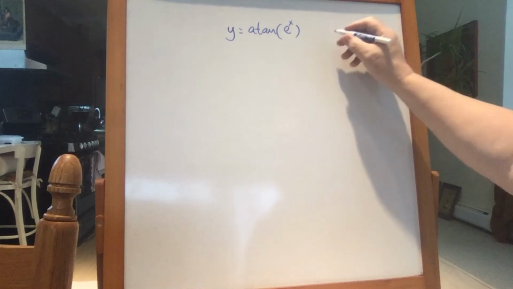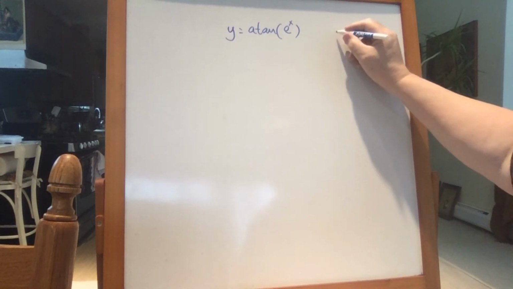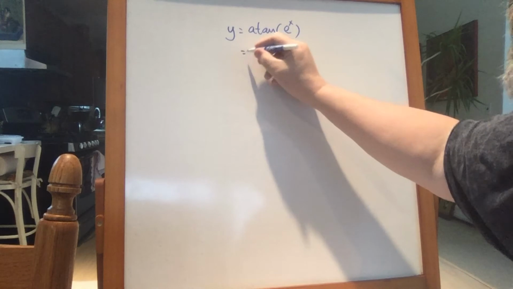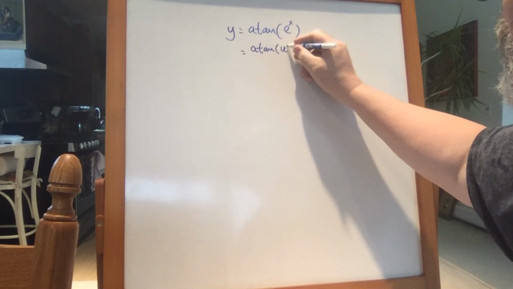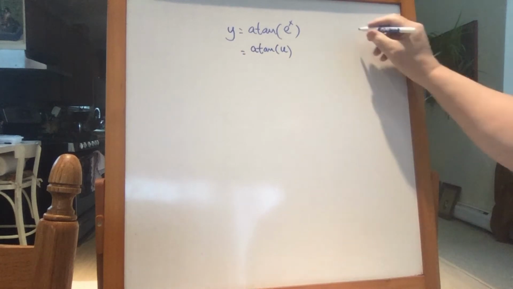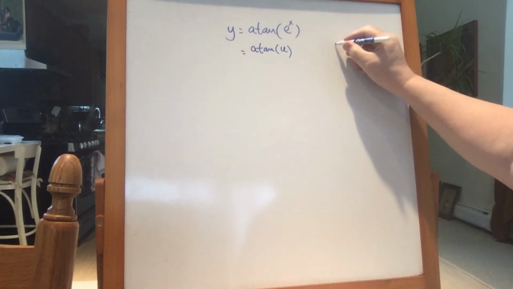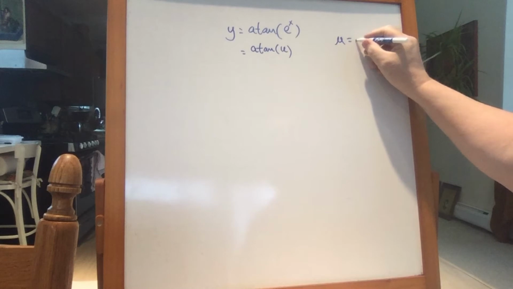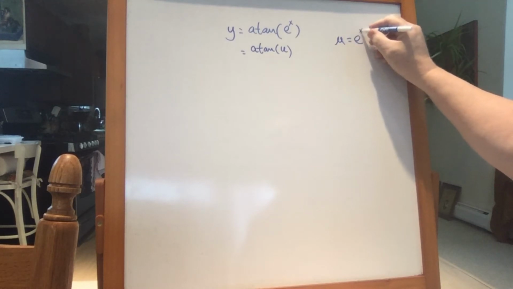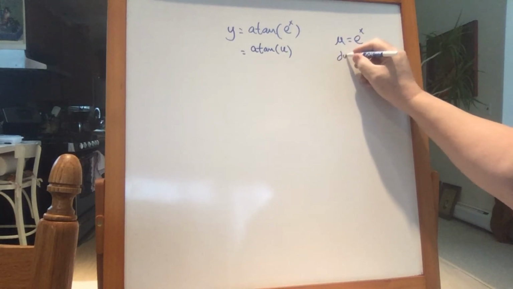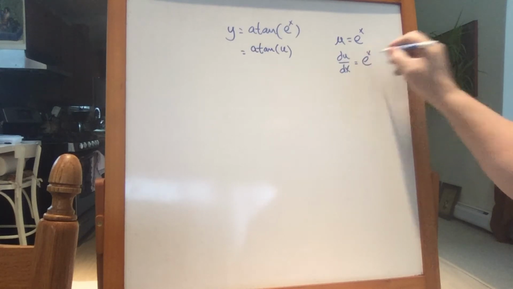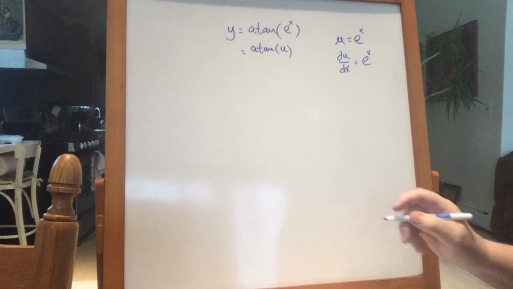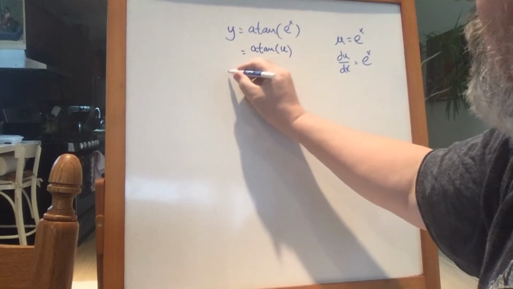Well, we can say here that we have the arctangent of u. And we know what to do with that. So we say u is equal to e to the x, and then du/dx is equal to e to the x.